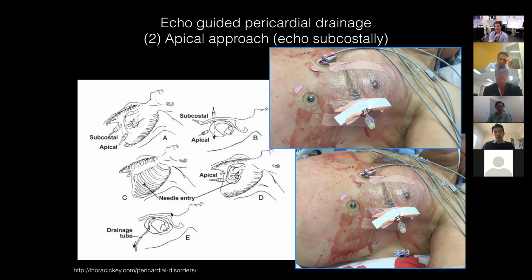So the big danger areas when you're draining a pericardial effusion are sticking the needle into the left ventricle or pranging a coronary artery like the LAD. Those are the ways you can kill someone. Of course, you can also put your needle into your right ventricle if you're not careful, and that's pretty scary.